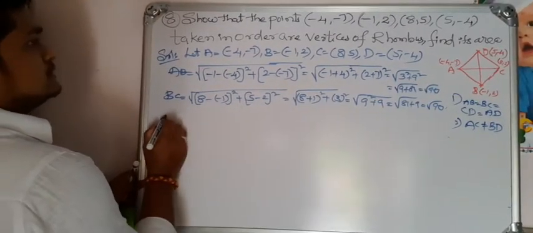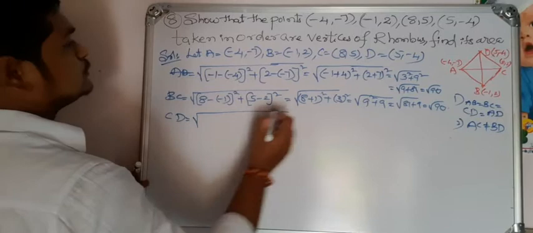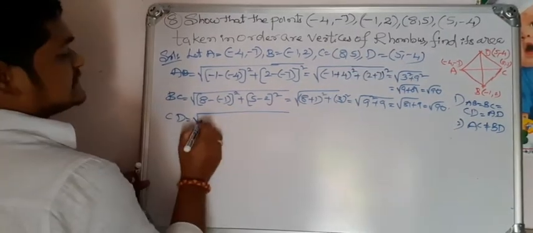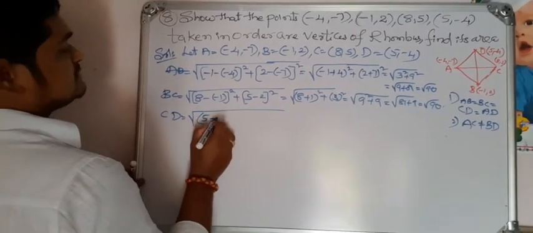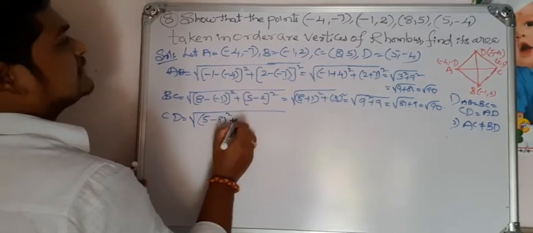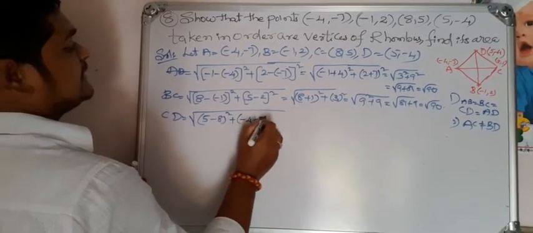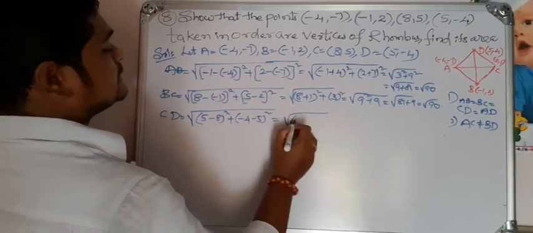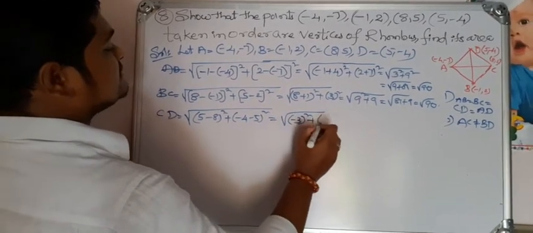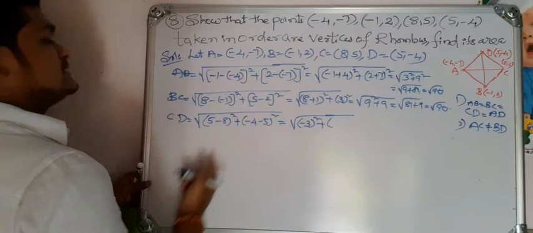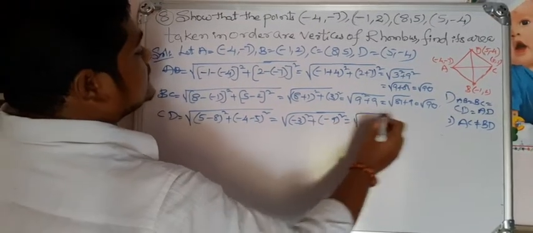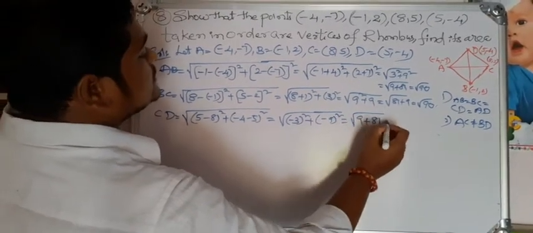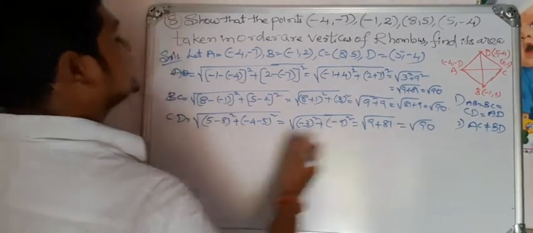Then find CD. CD is equal to root of (x2 minus x1) whole square plus (y2 minus y1) whole square, that is (5 minus 8) whole square plus (-4 minus 5) whole square. So it is 3 square plus 9 square, which is 9 plus 81, equal to root 90.